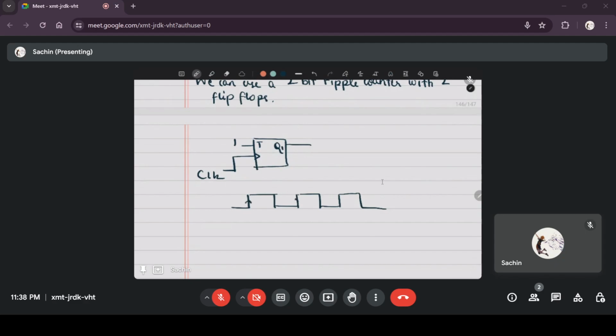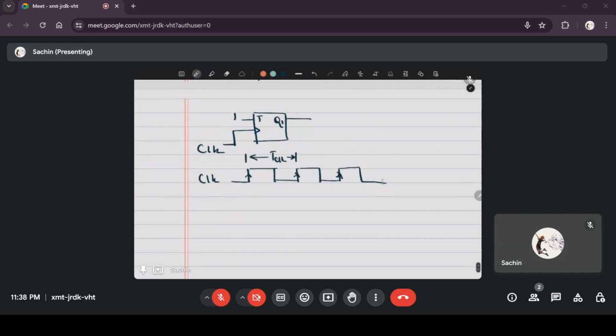If this is the clock signal which has a time period T clock, then the output Q1, suppose it's initially at 0, will become high at the positive edge, go low at the next positive edge, become high at the third positive edge, and so on.